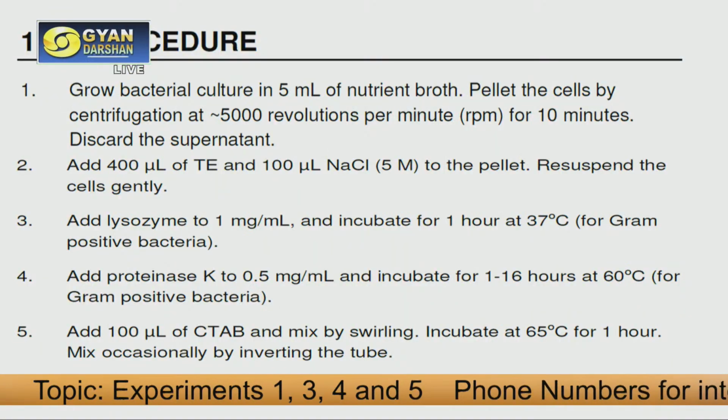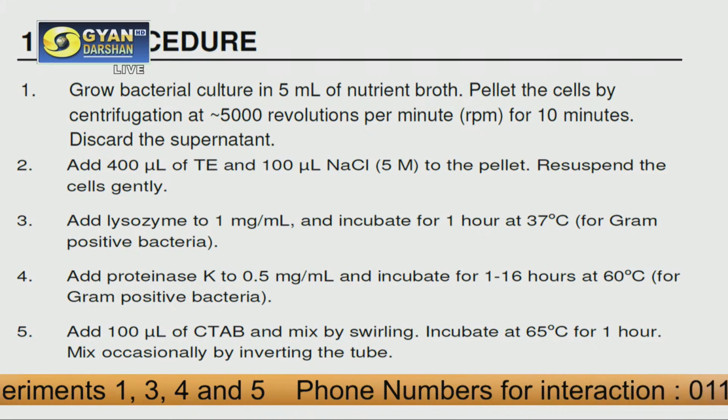There we don't add the lysozyme, but some other agents. But for bacterial cells, you have to use the lysozyme, particularly if it is a gram-negative bacteria, which has a very thick cell wall, like Escherichia coli. So there you need this lysozyme enzyme.